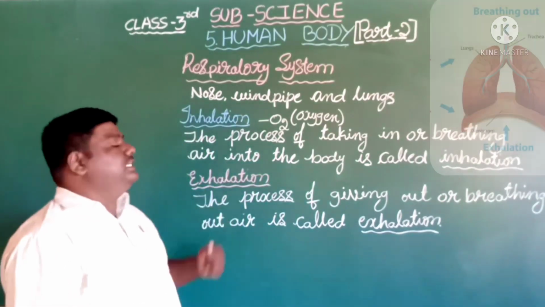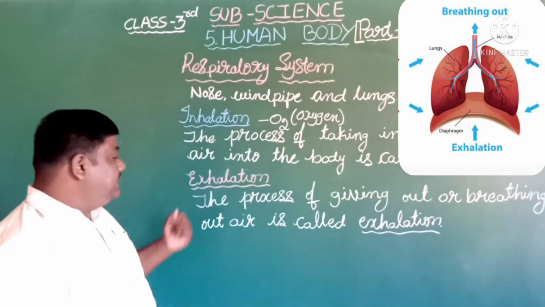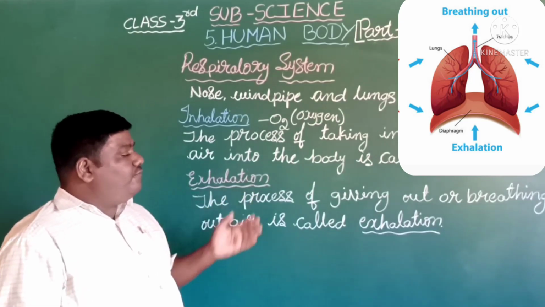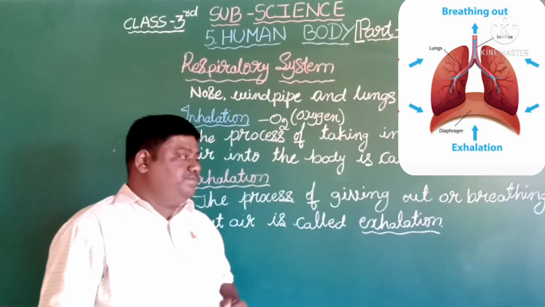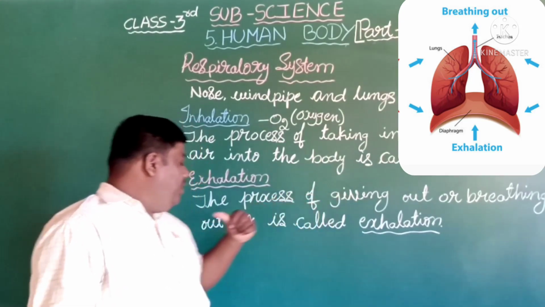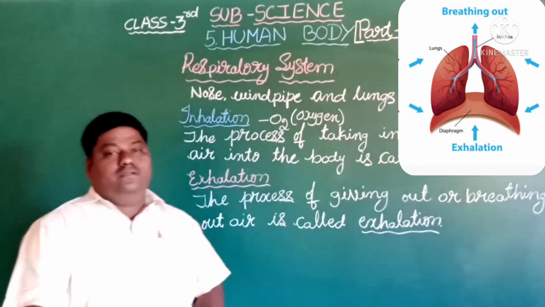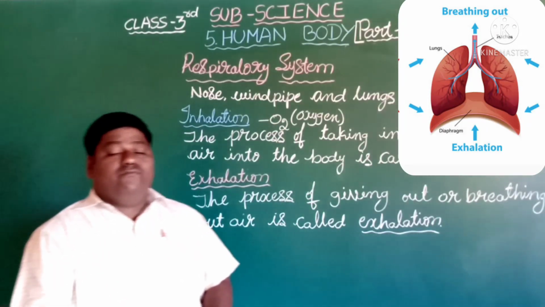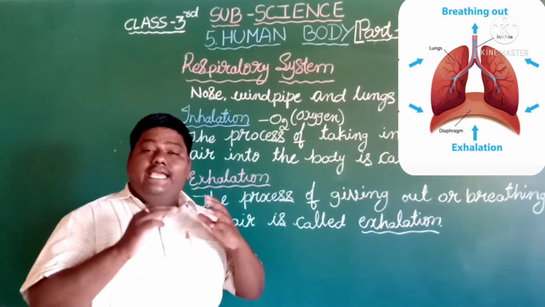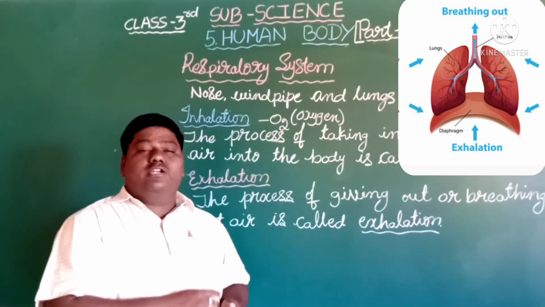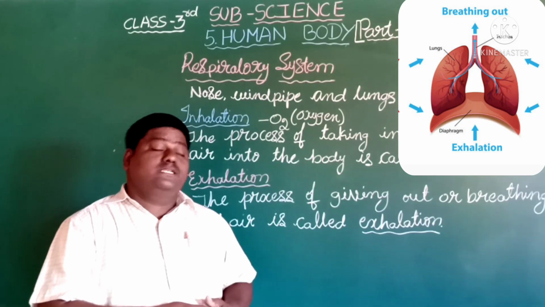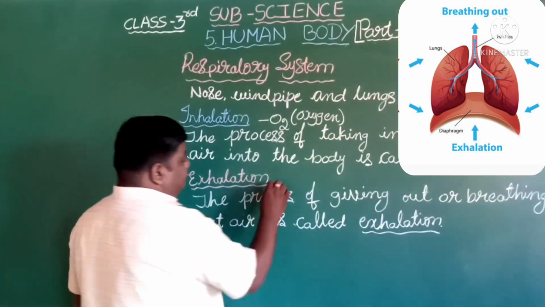Next, exhalation. Exhalation, the process of giving out or breathing out air, is called exhalation. In exhalation, we are leaving out a gas. Now tell me, what is the name of the gas? Carbon dioxide.